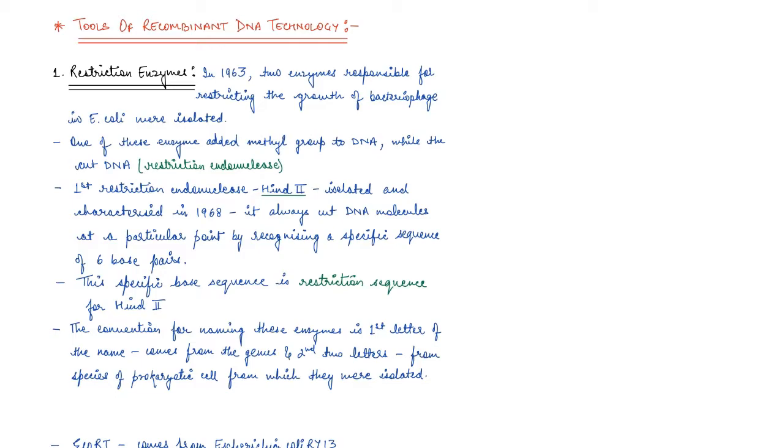So let's start with the first tool of recombinant DNA technology, which is the restriction enzyme. What exactly are restriction enzymes? These are the enzymes which cut the DNA that we want to integrate into the plasmids.